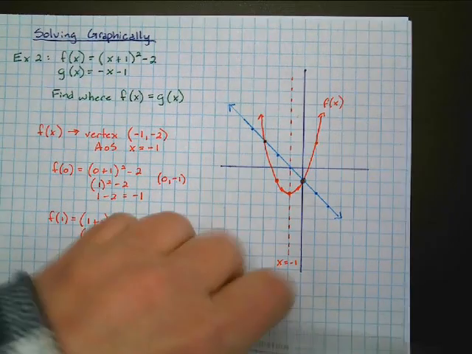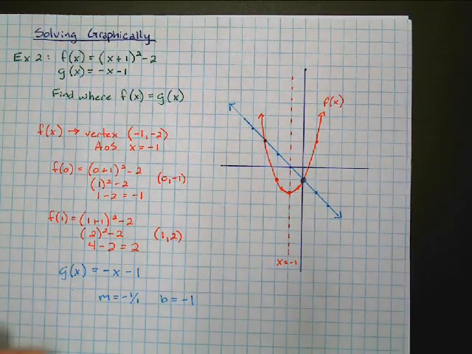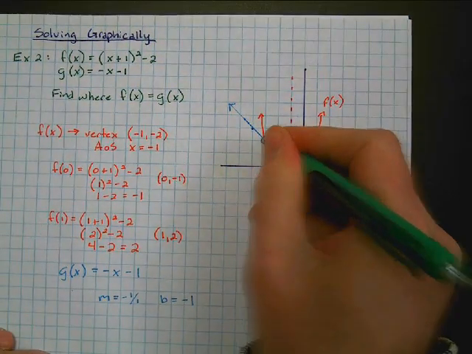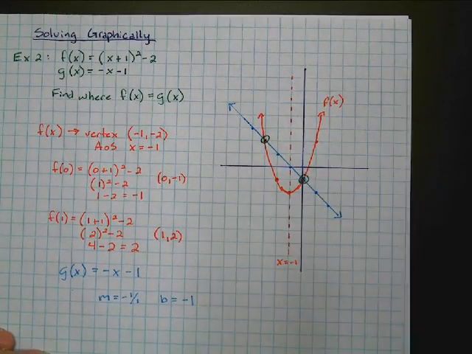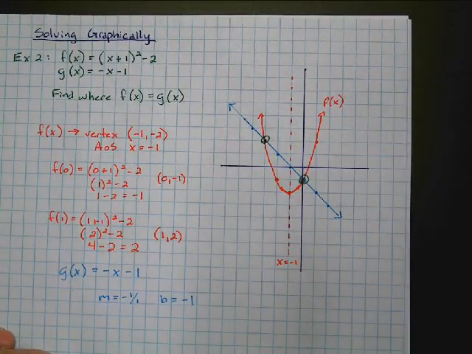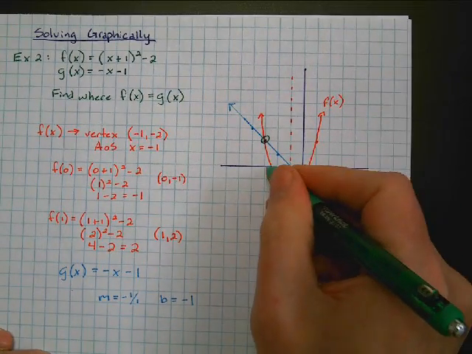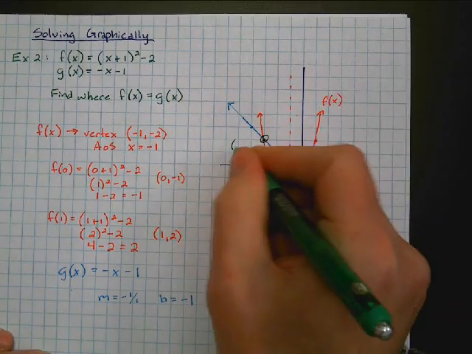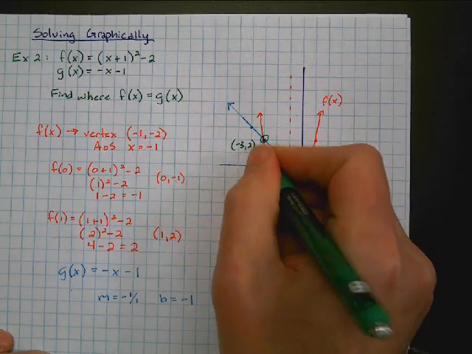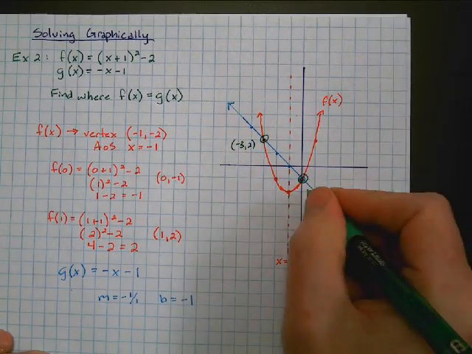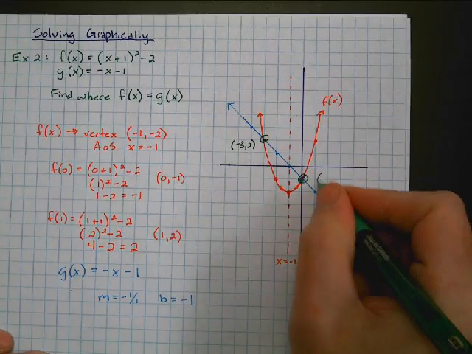We can see that it is intersecting at 2 points. One of the points is here, and one of the points is there. This point is at negative 1, 2, 3, up 2, so that's negative 3, 2. This intersection point over here is at 0, negative 1.